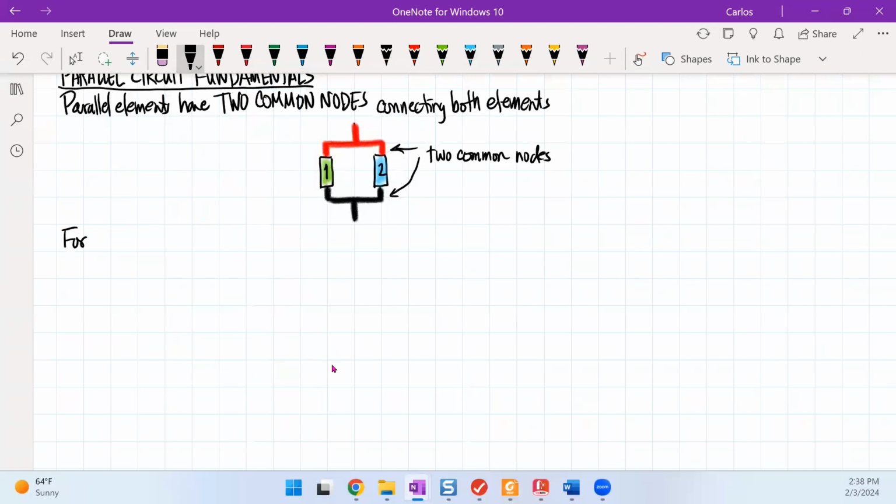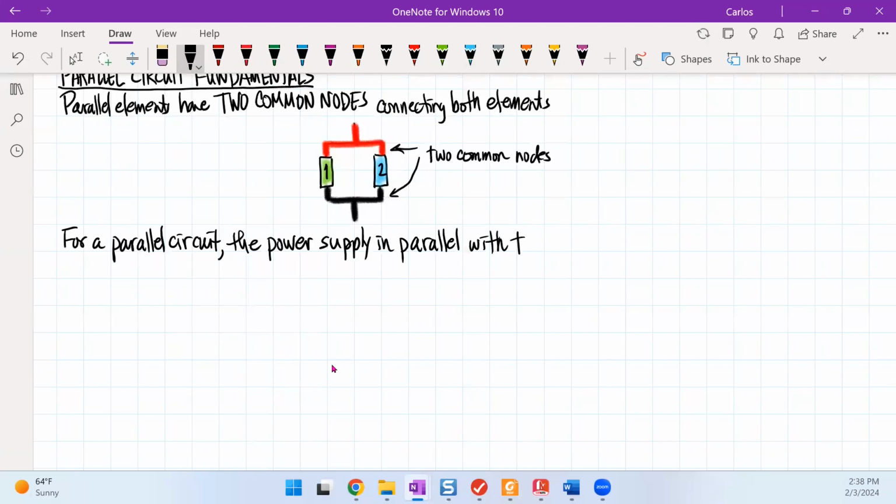For a parallel circuit, the power supply in parallel with two elements share the same two nodes.